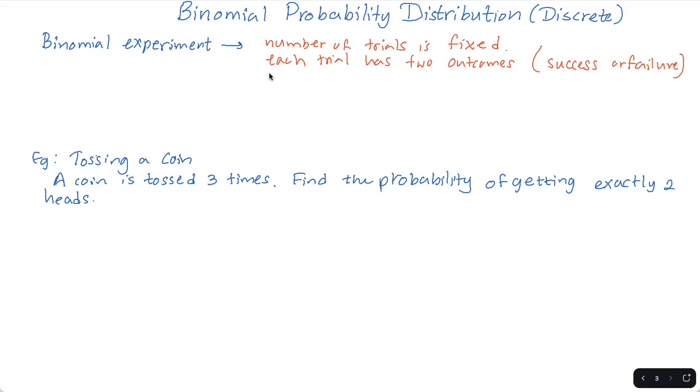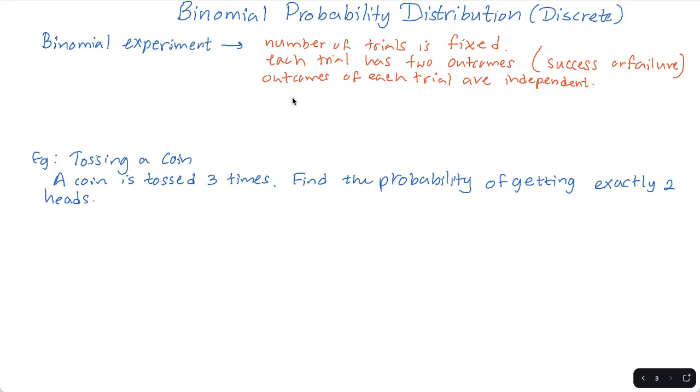The third condition is that the outcomes of each trial are independent. So the outcome of one trial does not affect the outcome of the second trial. So the two trials are independent, right?